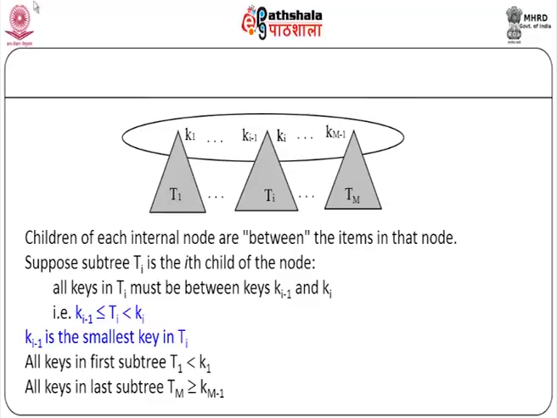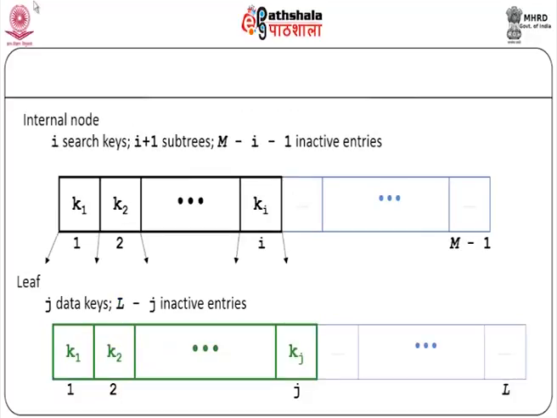So, any key you take, ki minus 1 is the smallest key in Ti, and all keys in the first subtree T1 are less than k1, and all keys in the last subtree Tm are greater than or equal to km minus 1. So, this is the property, we are now making it general, it is an M-way tree.